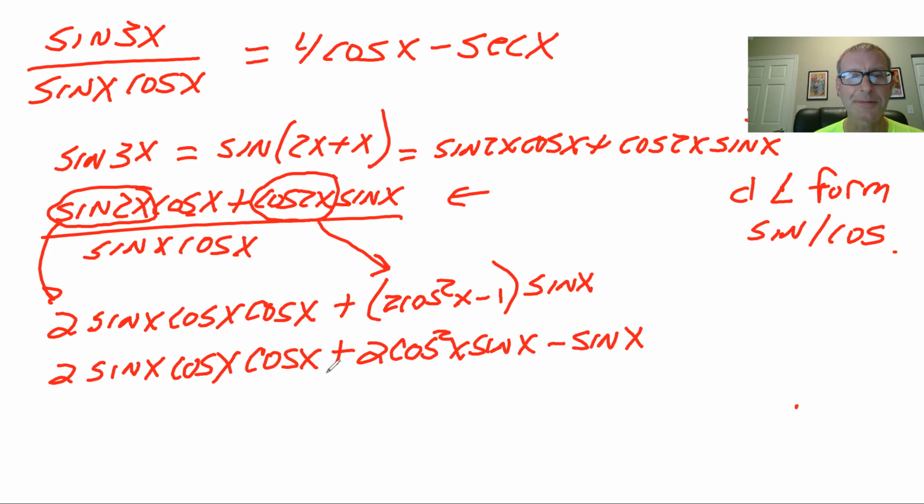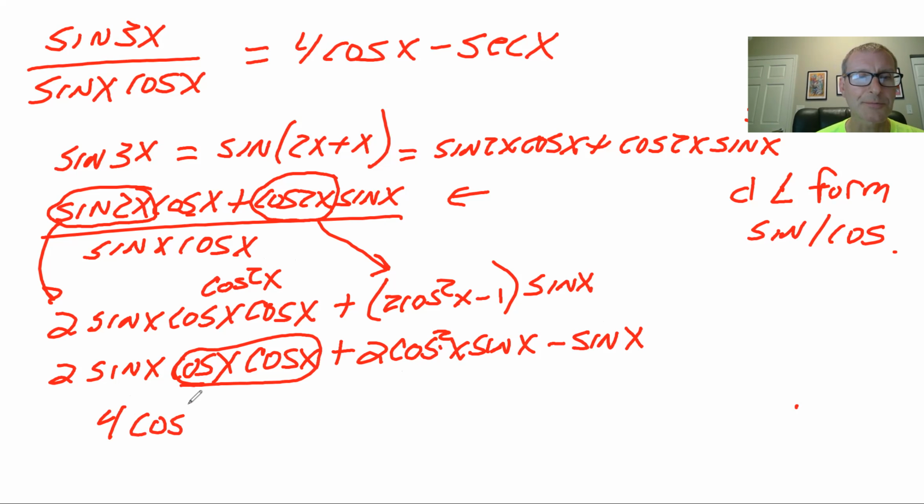And you can see that this and these are the same. Look, cosine squared, right? So we could have written that cosine squared up here, right? So these two terms are the same, and so it ends up being 4 cosine squared of x, sine of x, minus sine of x.